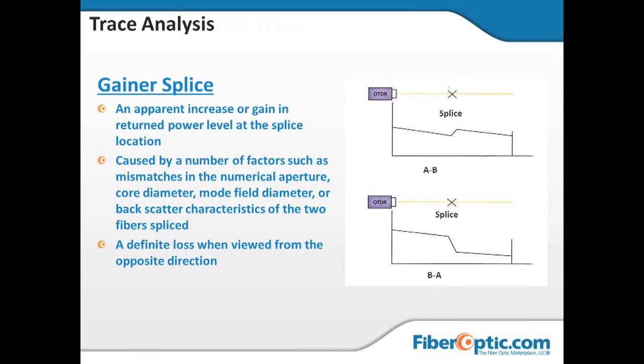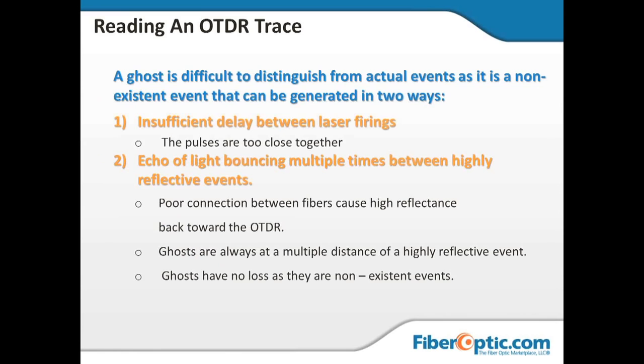Now, a ghost is a different kind of anomaly. This is an echo. And back in the old days, you might have had an OTDR with insufficient delay between laser firings and the pulse is too close together. That doesn't happen a lot now with the modern contemporary OTDRs.